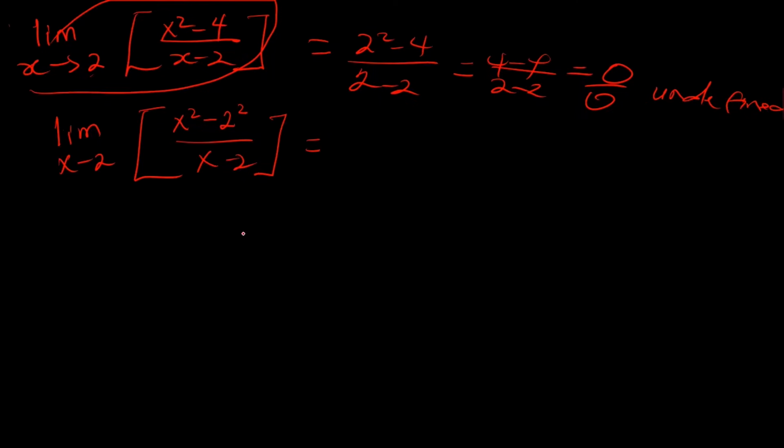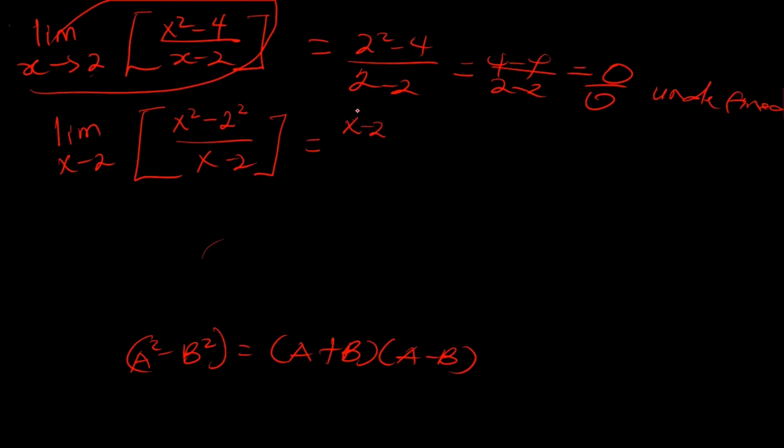When you have something like a squared minus b squared, the difference of 2 squares is a plus b multiplying a minus b. So x squared minus 2 squared is going to be x minus 2 multiplying x plus 2, all over x minus 2.